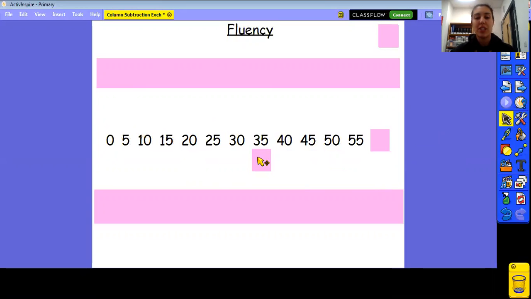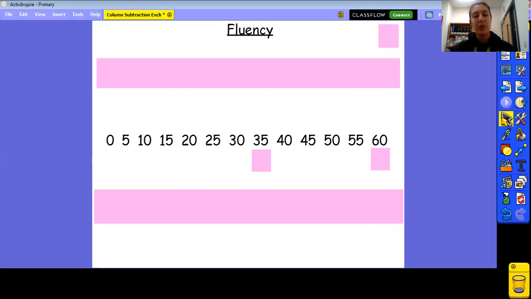Well done if you said 35 was the missing number. Let's carry on. 40, 45, 50, 55. Well done if you said that 60 was the missing number.